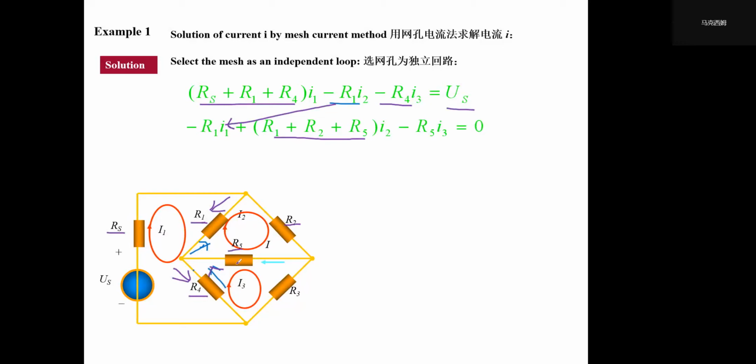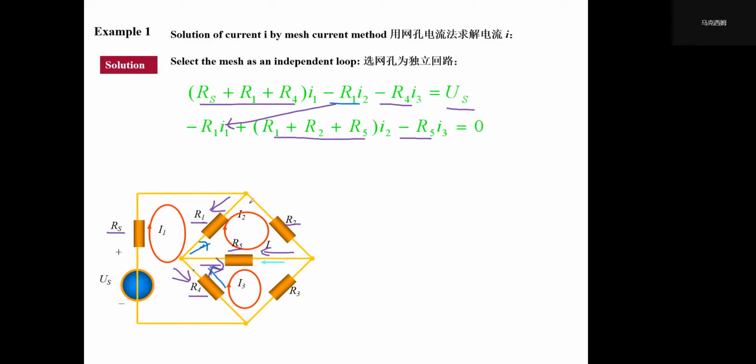And for the third mesh, their current directions, we see that I2 goes from this direction to this direction, and I3 goes from this direction to this direction. So they are going in opposite directions, so we give it a negative sign before their common resistance.